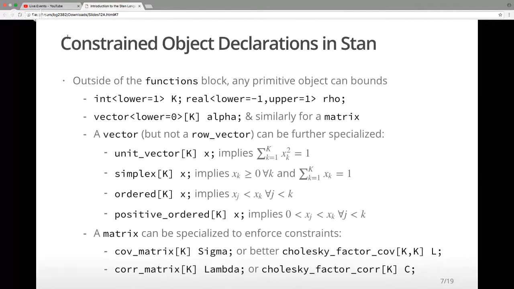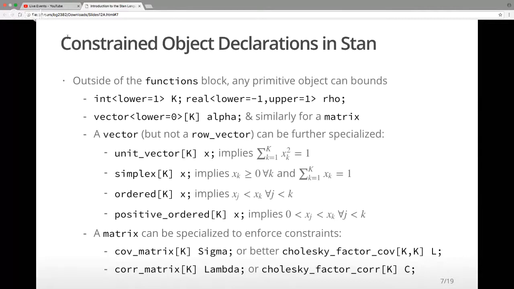Similar deal with a matrix. These have some specializations. cov_matrix, to declare this, only has 1 index because covariance matrices are necessarily square. Sigma is implicitly going to satisfy the positive definiteness restriction and thus be admissible as a covariance matrix. It is typically better to use Cholesky factors of covariance matrices, which can be declared with the keyword cholesky_factor_cov.